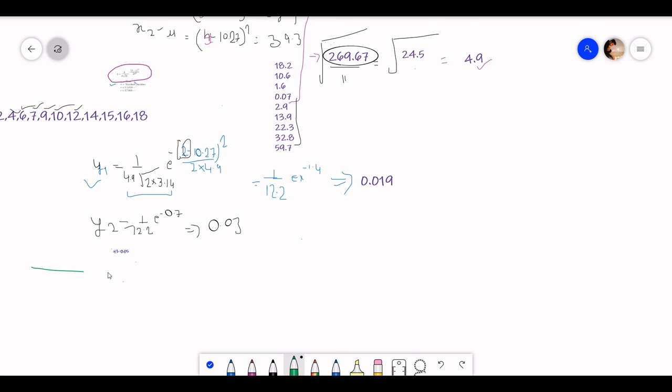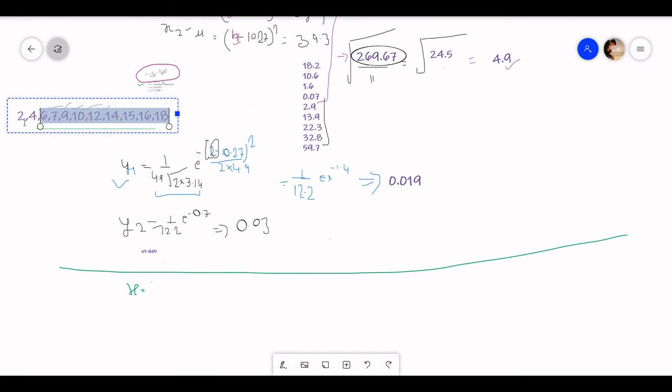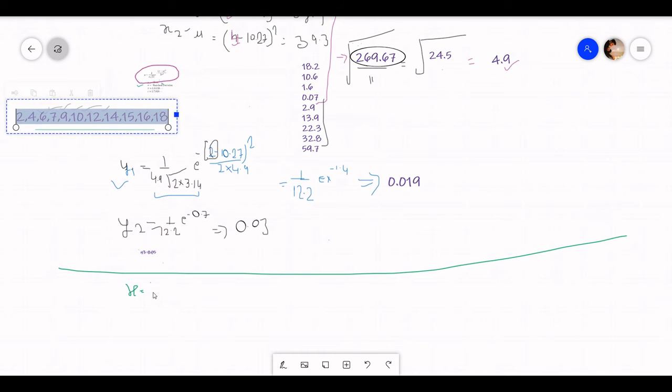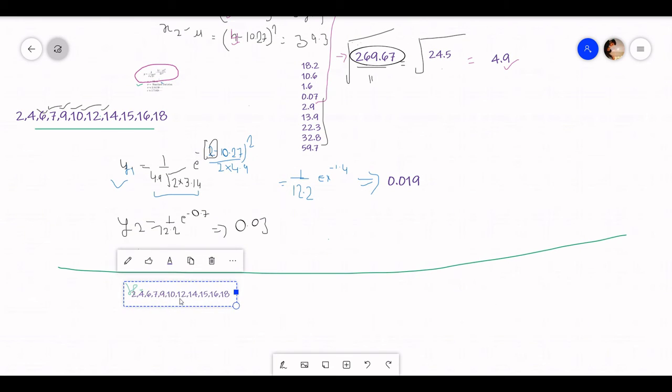After getting all the values of x and y, our x will be our present data. Our given data will be equal to, this is our x.